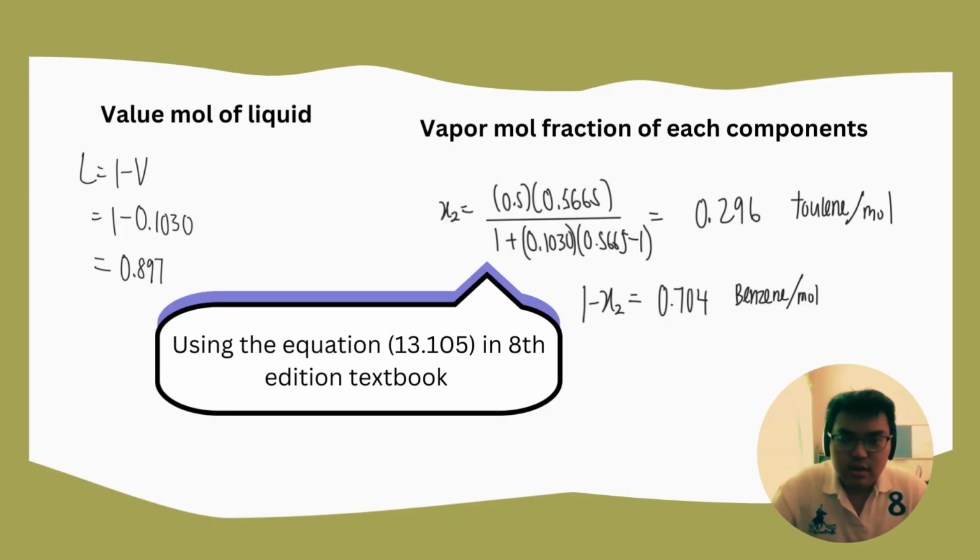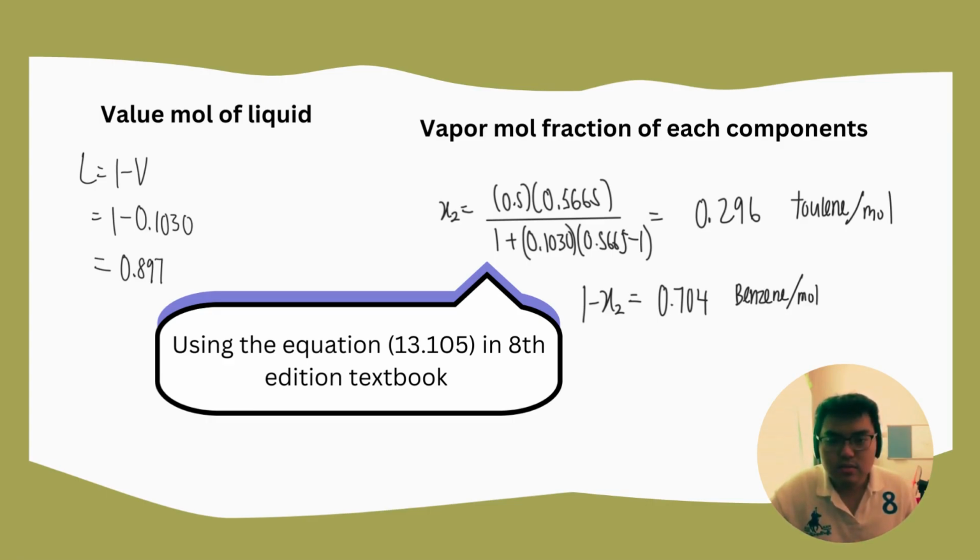After we finish calculating the mole of vapor, we are able to get the mole of liquid. Since the sum of mole of liquid and vapor is 1, we do 1 minus it, and we get 0.897.